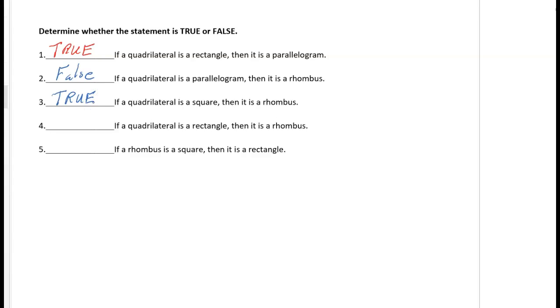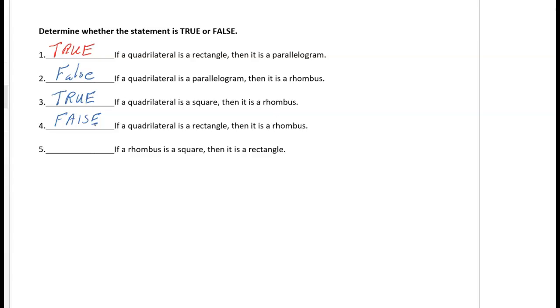Problem 4. If a quadrilateral is a rectangle, then it is a rhombus. Well, rectangles have 4 right angles. Not all rhombuses, or rhombi technically, have 4 right angles. So this is false.